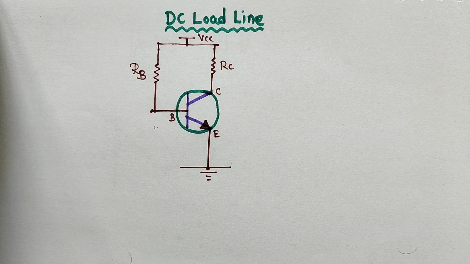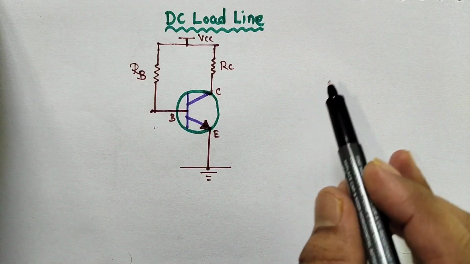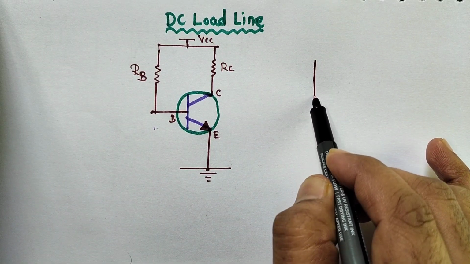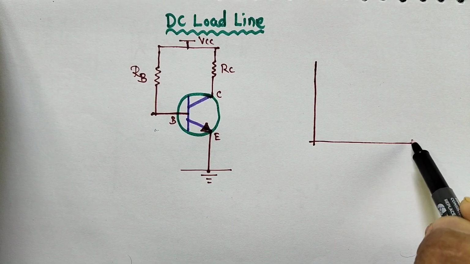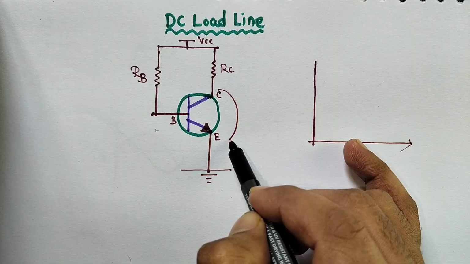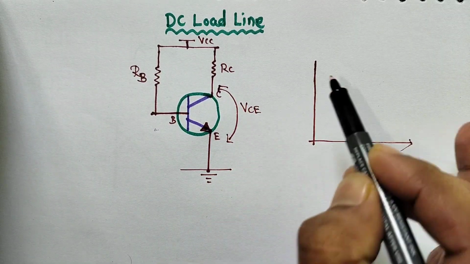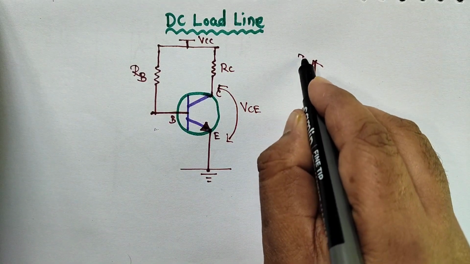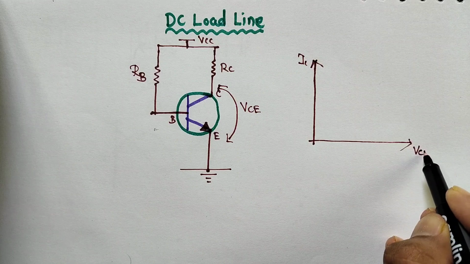Basically the DC load line is on the output side. You draw IC against VCE, where VCC is the supply voltage.